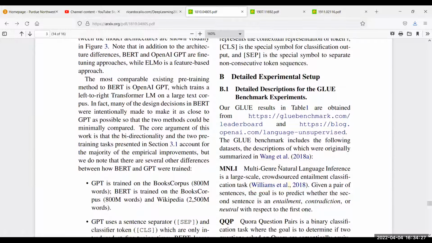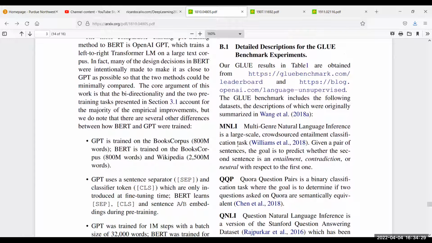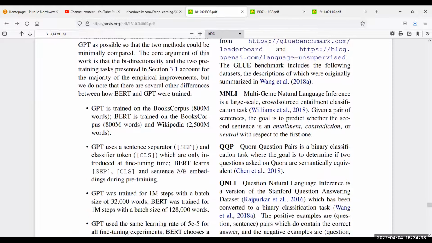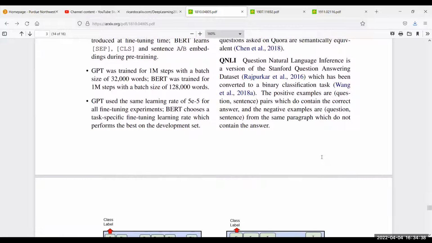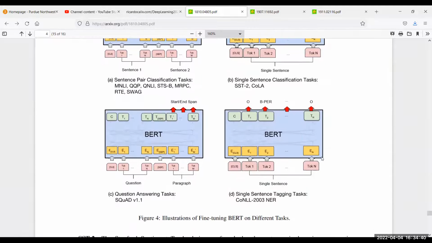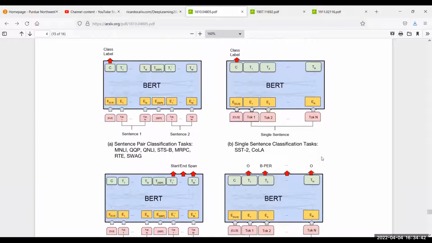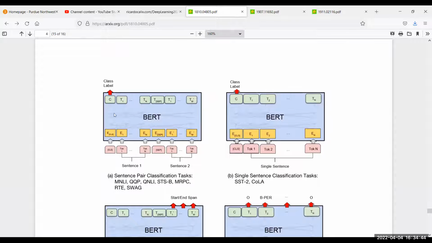These are the individual fine-tuning tasks. So we've got for GLUE, multi-genre natural language inference, question pairs, questions and answers. Here's a nice diagram of how the fine-tuning works. So this one is for sentence pairs.